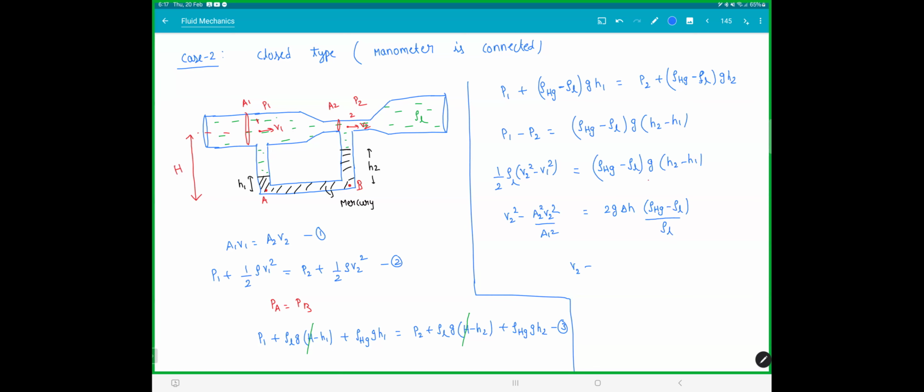So from here I got V2 is root of 2G, the difference in height, rho Hg minus rho L by, yeah, it does look complicated, but this is your velocity, everyone.